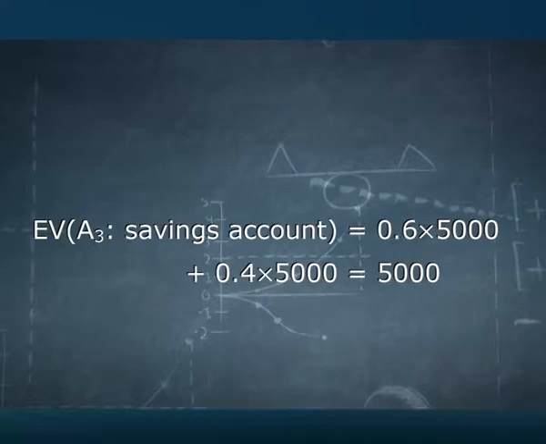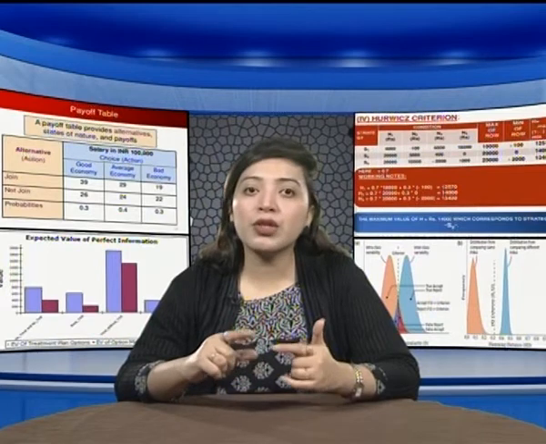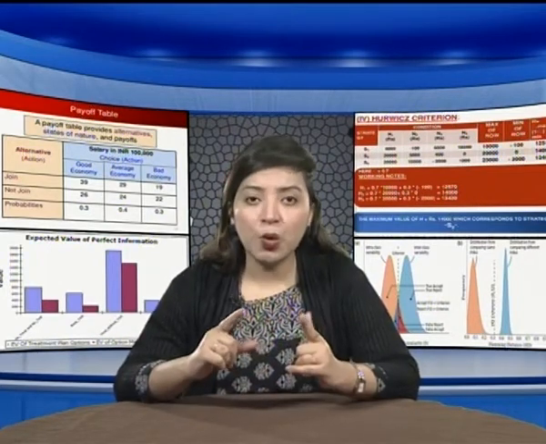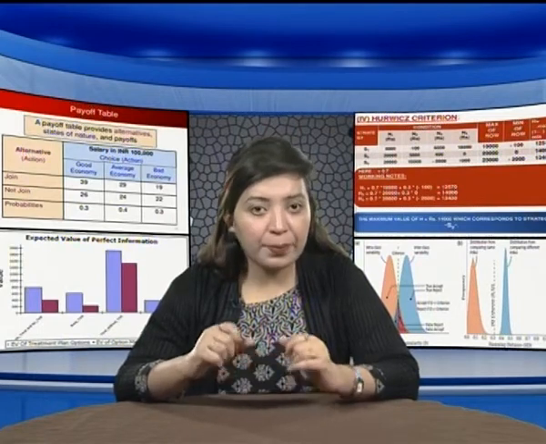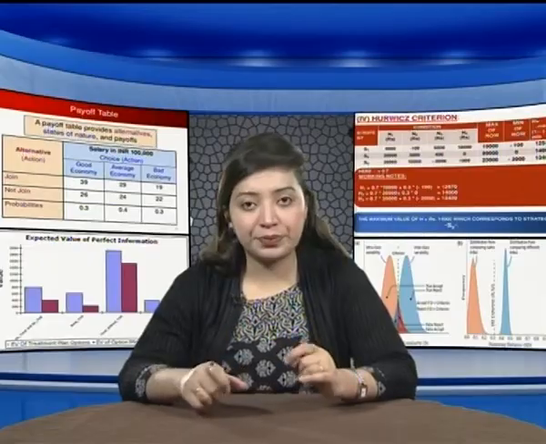The EV for Act A3, for saving accounts, is equal to 0.6 times 5,000 plus 0.4 times 5,000, which is giving us 5,000. Since the highest expected value corresponds to Act A2, therefore, according to Hurwicz criteria with alpha 0.6, the best investment plan is to choose Act A2, that is bonds.